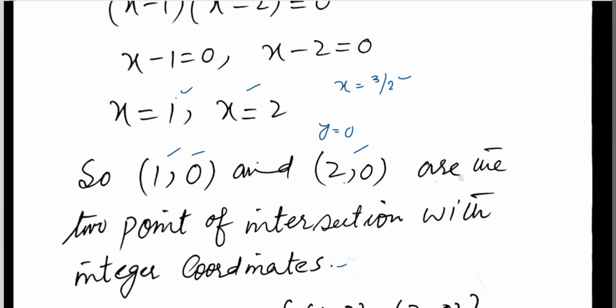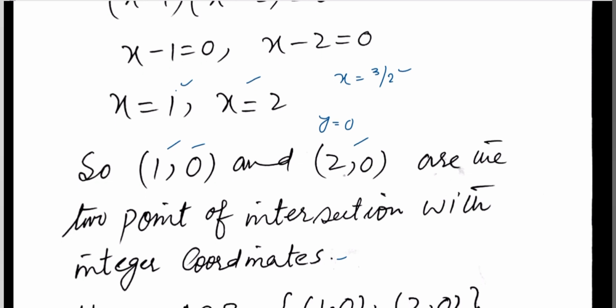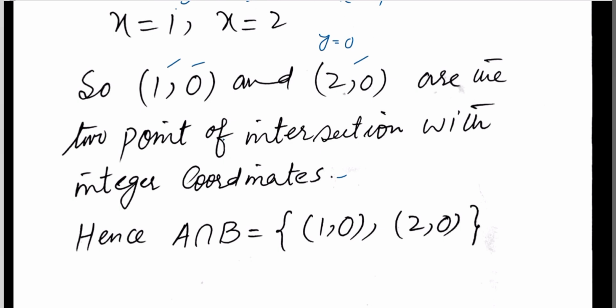But here x is equal to 1 and x is equal to 2 are both acceptable. So the points of intersection (1, 0) and (2, 0) represent the points of intersection with integer coordinates. Hence A intersection B is the set of these 2 points. You can understand this question graphically.